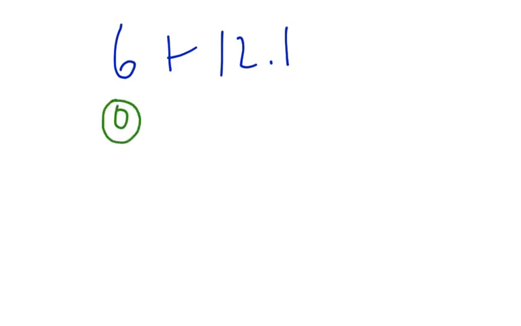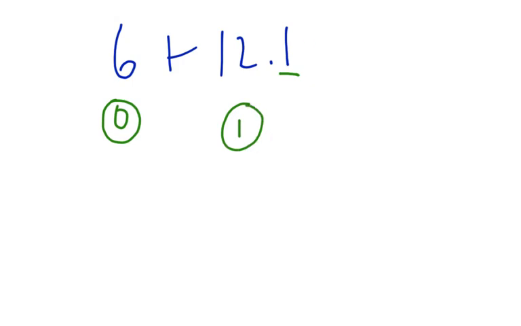The first example I have for you is 6 centimeters plus 12.1 centimeters. You'll notice there are no places after the decimal in the first number, so I'm going to write a 0 here to remind myself. The number 12.1 is one place after the decimal.